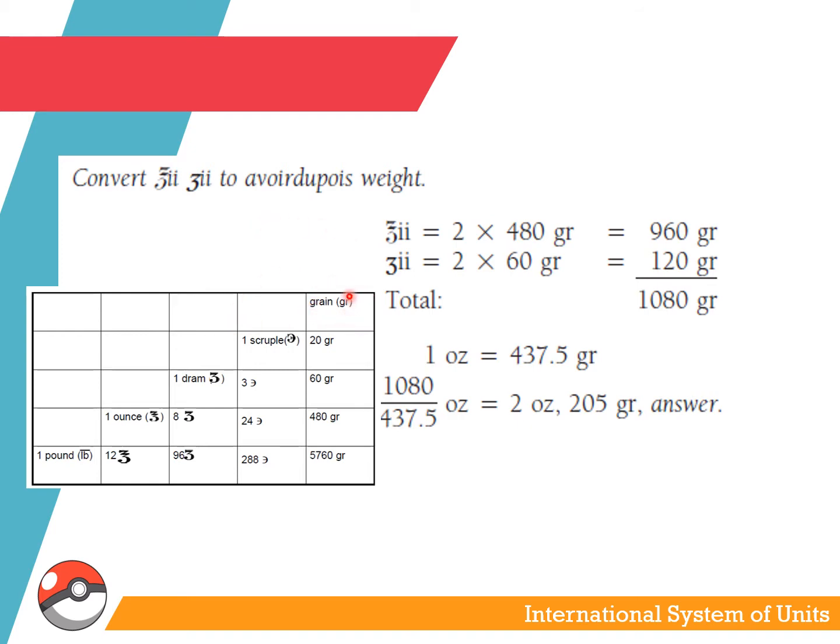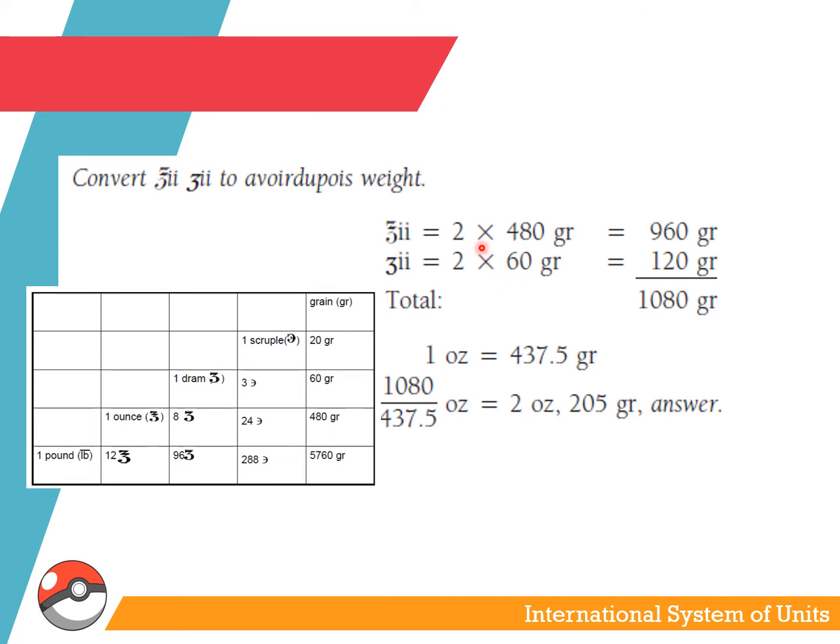What we need to do is first convert them into a unit that is found in both the apothecary and the avoirdupois system, and that would be grain. In this table, you can see that 1 dram is equal to 60 grains, and 1 ounce is equal to 480 grains.